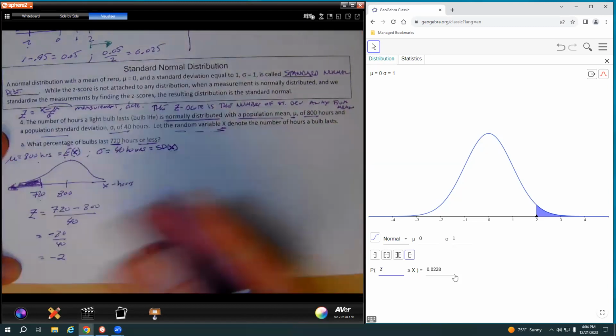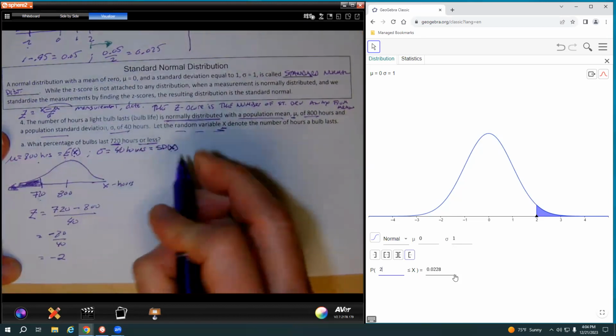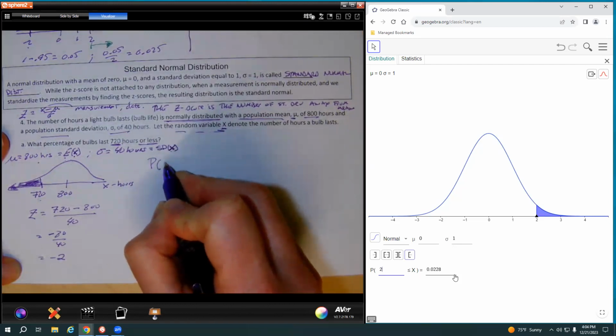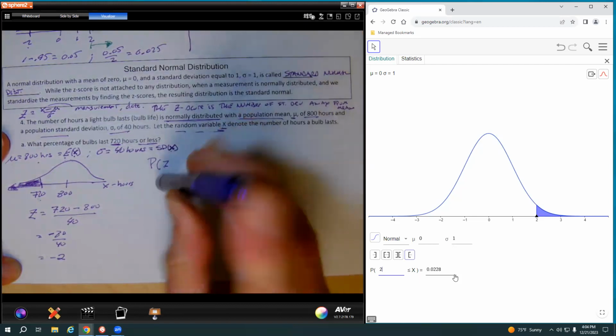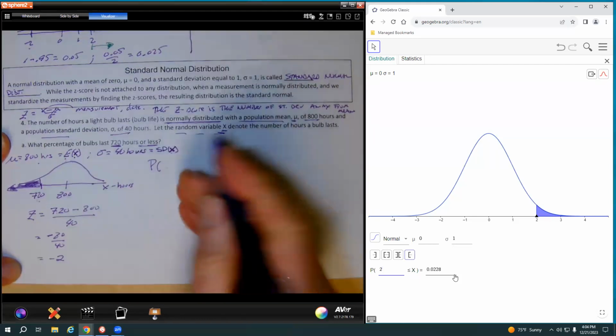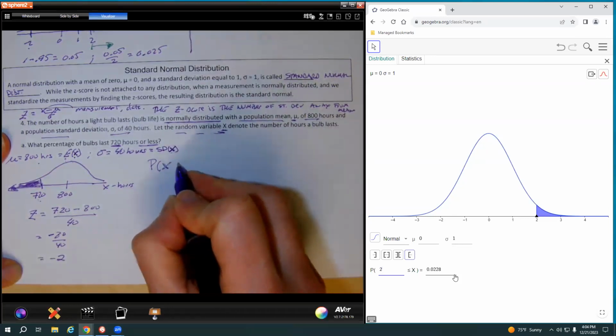So if I use the 68, 95, 99.7 rule, for example, I'm going to do this 2 ways. If I use the 68, 95, 99.7 rule, the chance of getting a bulb to last this is the way I want you to write it. Give me the measurement as written.